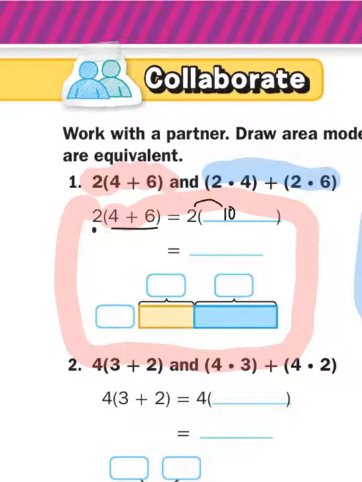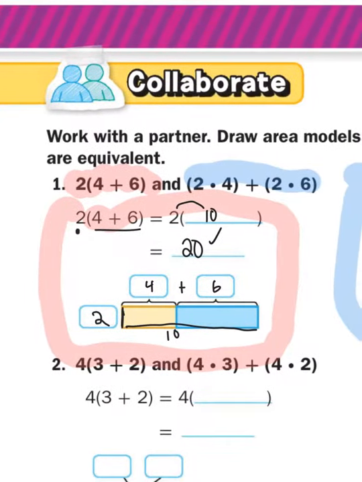And we would do 2 times 10 to get 20. Okay? Now, here's what that means. Using an area model, the 2 would be here, and the 4 plus the 6 go there. Now remember, we added the 4 and the 6 together to get 10. So the length is 2, the width is 10. 2 times 10 is 20.